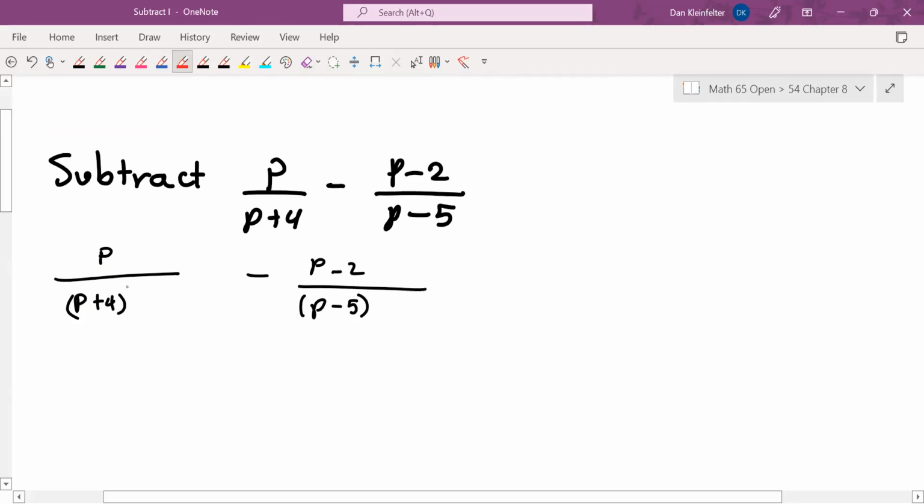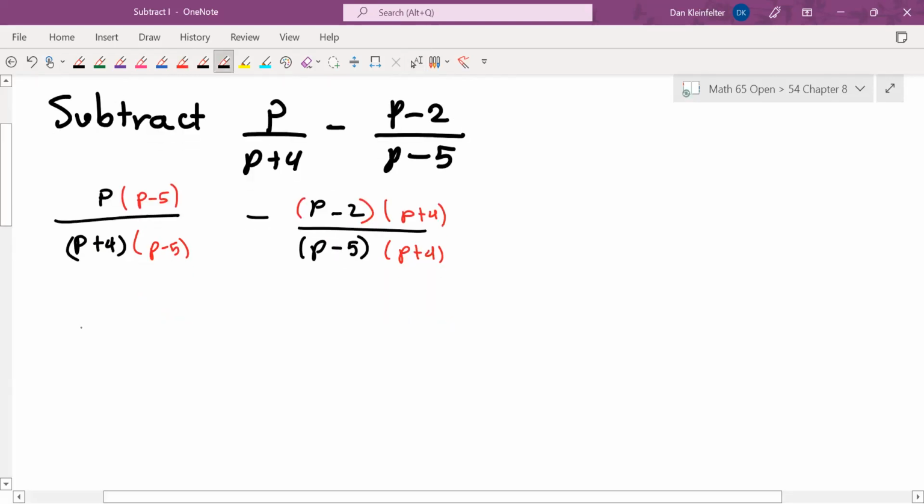So here the fraction on the left needs a p minus 5, and the fraction on the right needed a p plus 4. Okay. So then our new denominator is p plus 4 times p minus 5.